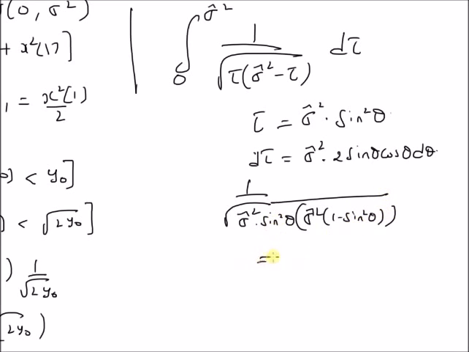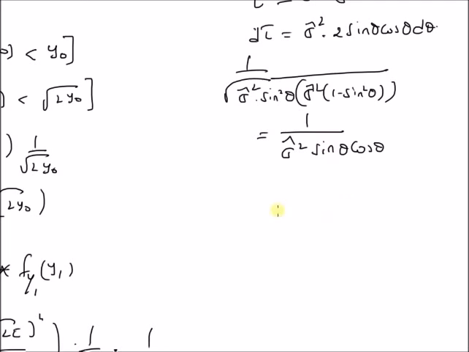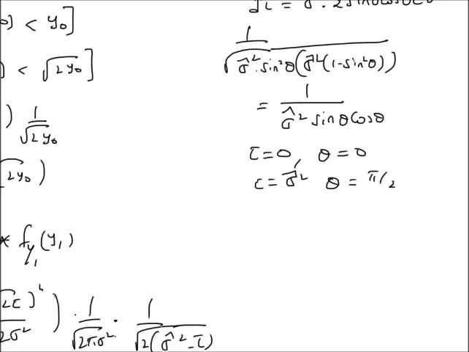And this is obviously equal to 1 by square root of sigma square hat sine square theta into sigma square hat cos square theta, and the root becomes sigma square hat sine theta cos theta. And the limits are obviously for tau equal to 0, theta is also equal to 0, and for tau equal to sigma square hat, sine theta becomes 1, so theta is pi by 2. So the integral becomes 0 to pi by 2.